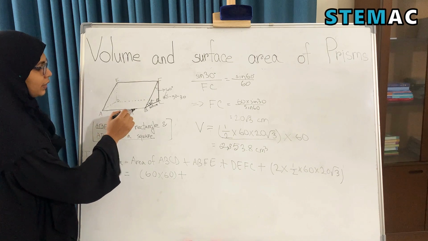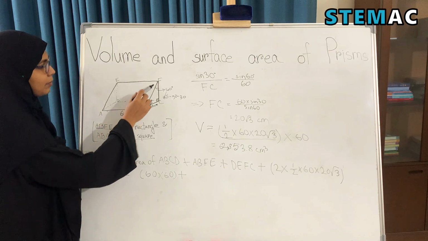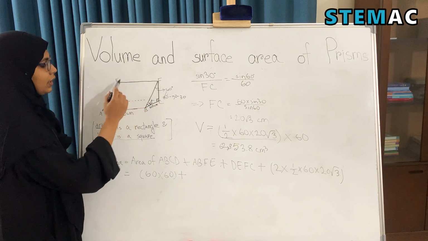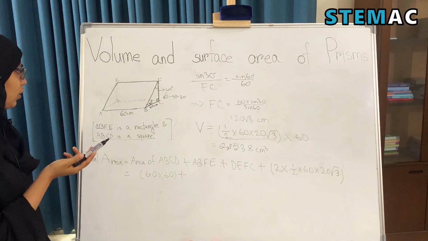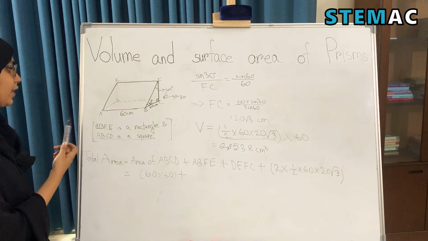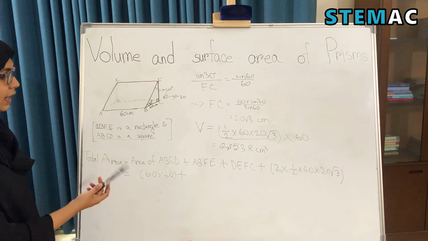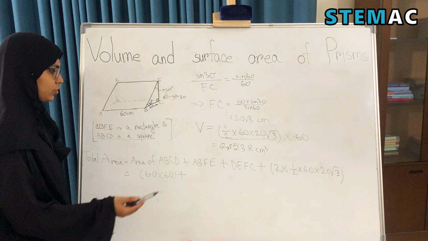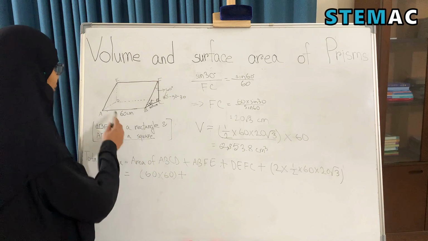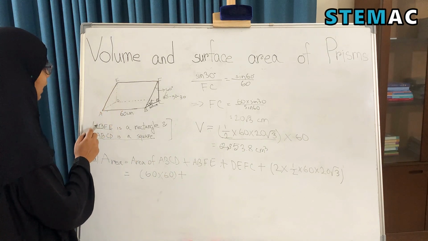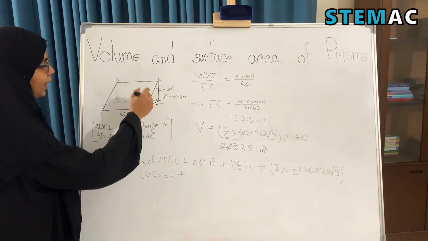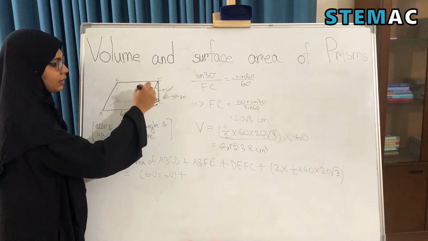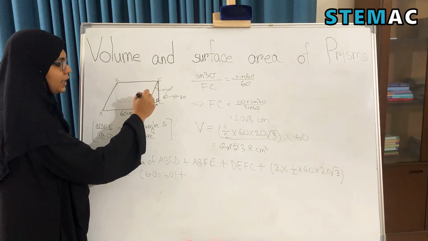So that means the angle ABF is 90 degrees, BFE is 90 degrees, also FEA and EAB. So the area of the rectangle ABFE would be 60 multiplied by this length, the length BF.